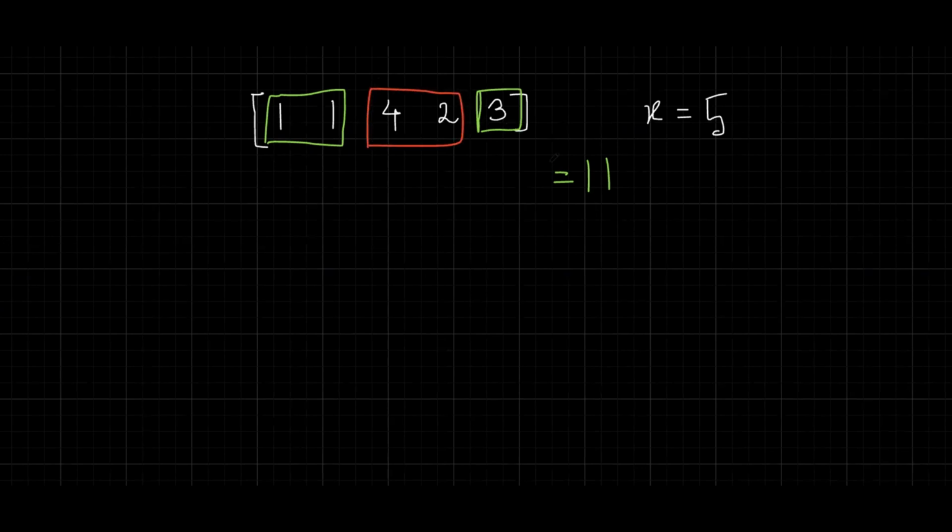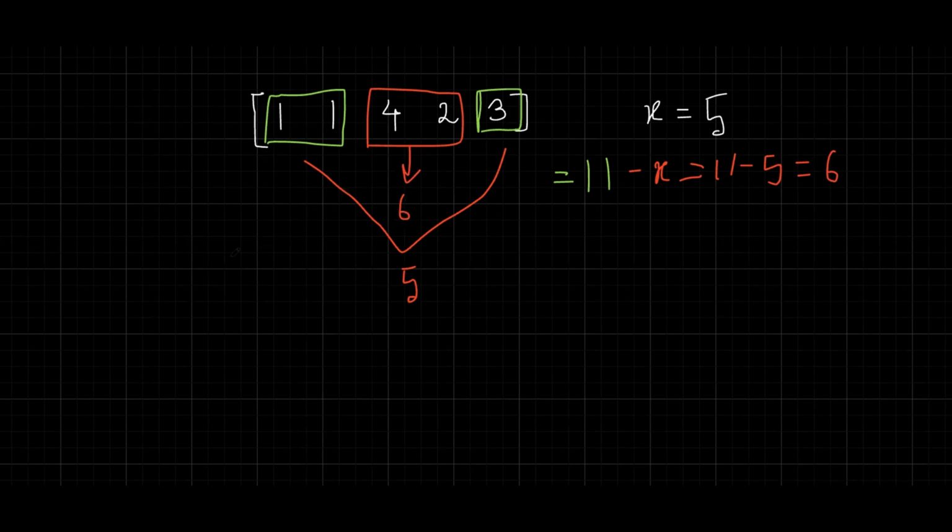What is its summation? It will be 11 minus x, or 11 minus 5, which will be 6. That means basically the summation of the prefix and suffix will be 5, and the summation of the middle array will be 6.